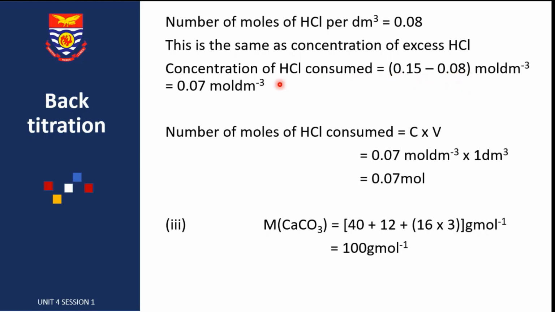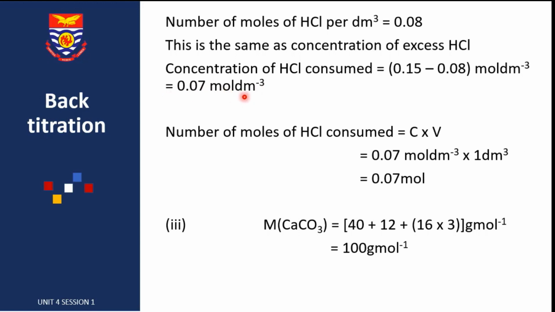So when we find that difference, we have 0.007 mole per dm cubed. So this is the concentration of the HCl that the calcium carbonate consumed. In other words, this is the amount of HCl that was consumed.